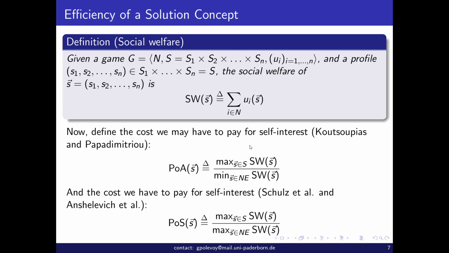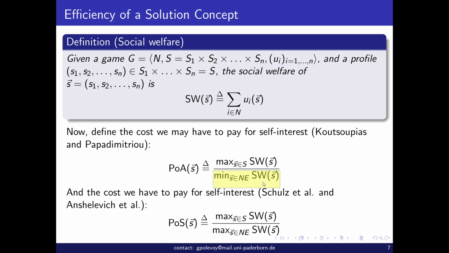And that's a classical notion which is called the price of anarchy. It was first defined by Koutsoupias and Papadimitriou. It is defined as the maximum social welfare in the set S, so the maximum possible social welfare over the set of all possible profiles, relative to the minimum social welfare in an equilibrium.